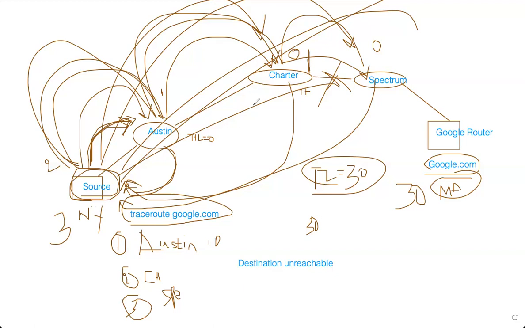Okay. So now let's move on to a different topic in the routing table. Let's talk about administrative distance.